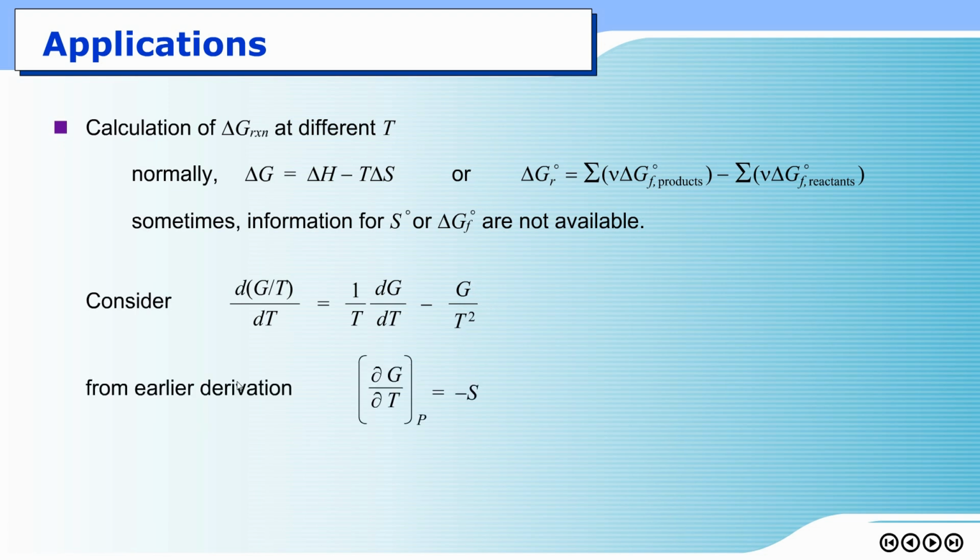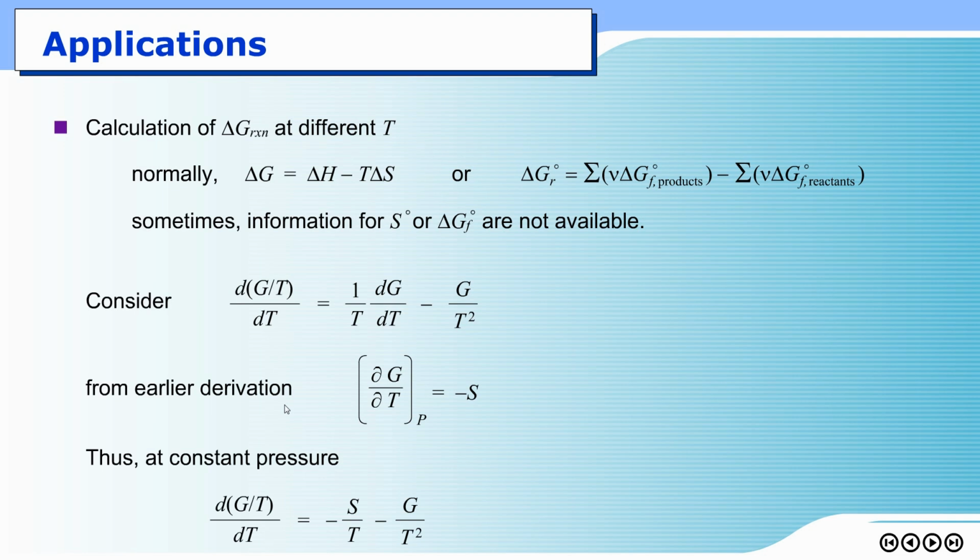Then earlier, from one of the first derivatives of the fundamental relation, we get this relationship. dG by dT is the same here, but this one is a partial derivative at constant pressure. Lucky for us, normally when we consider the Gibbs free energy of reaction, this is considered at constant temperature and constant pressure.